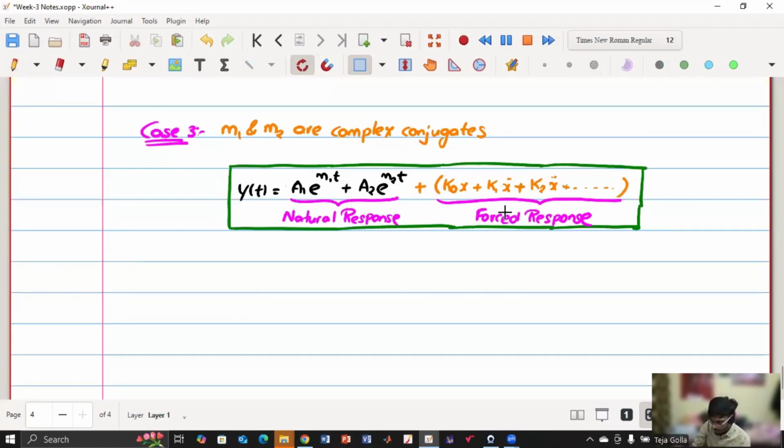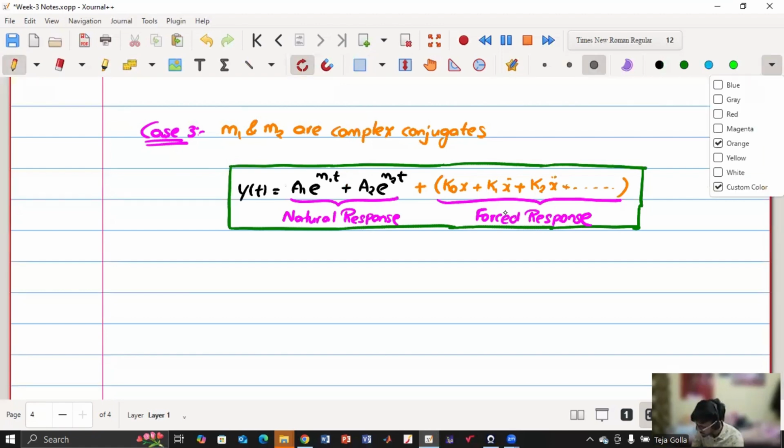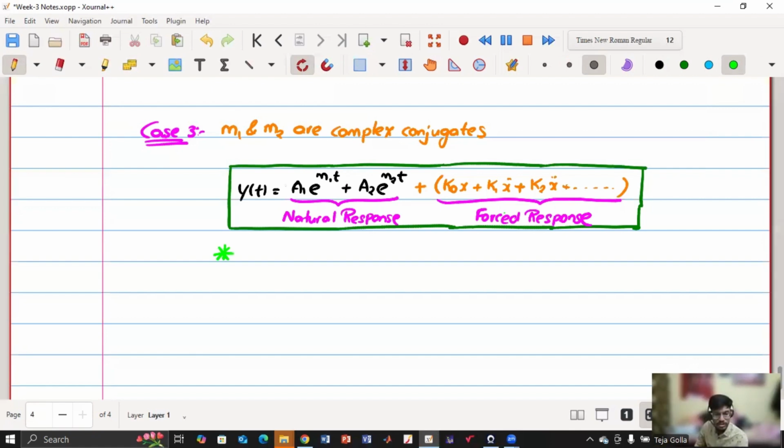One thing that happens when M1 and M2 are complex conjugates is that A1 and A2 will also be complex conjugates because the final result will be real. Okay, so now let us solve it.